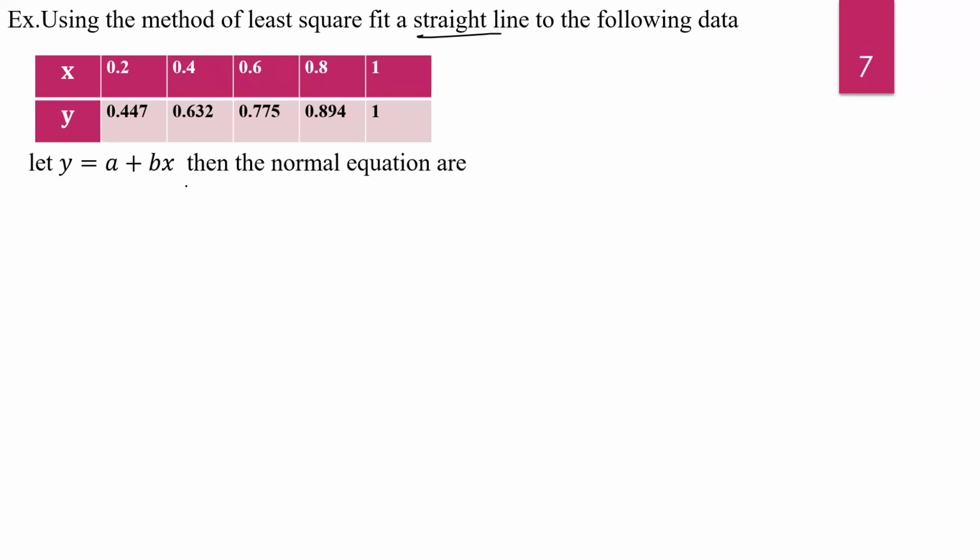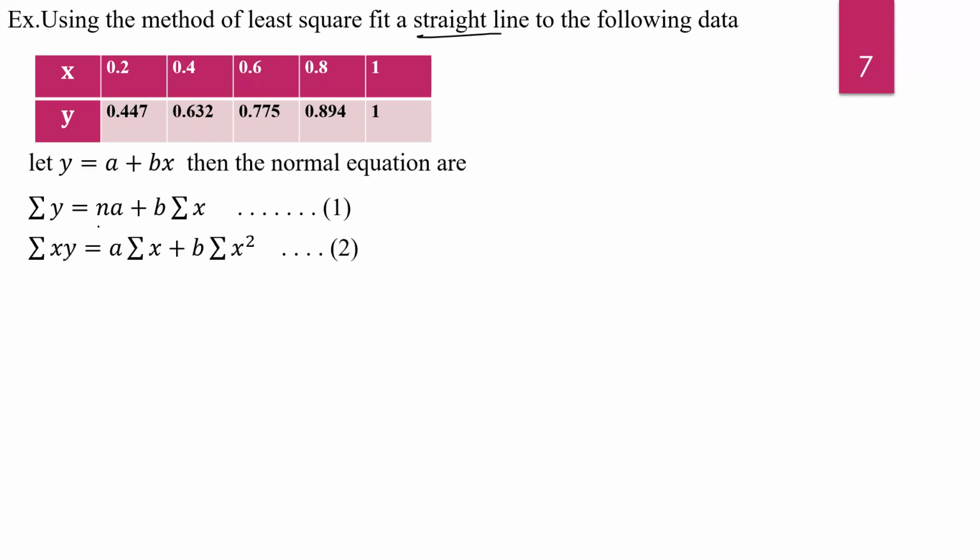Now how can we write the normal equations? Just multiply by summation. That is the first equation. How can we write the second equation? Multiply first by x: xy, here ax, and here x square, then put the summation sign. So these are the two normal equations.